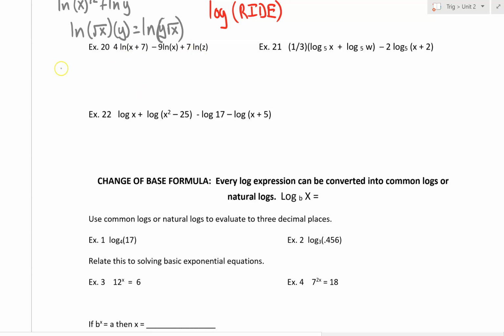You could rewrite this. You could just say this is 4 ln, actually, and I would even maybe do it this way. Here's ln of x plus 7 raised to the 4th, and then move this one over, plus ln of z to the 7th, and then minus ln of x to the 9th.